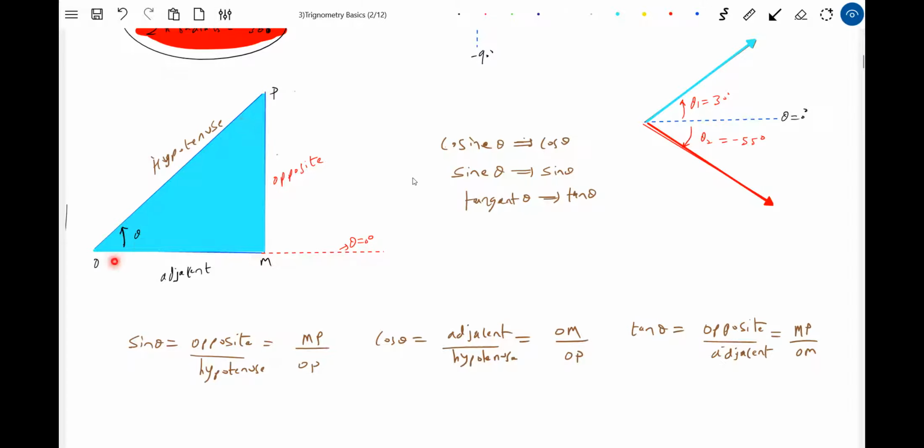What is cos theta? Adjacent by hypotenuse. Cosine theta, in short, we'll call cos theta. Sine theta, in short, we'll write sine theta. Tangent theta, tan theta. Why tangent?